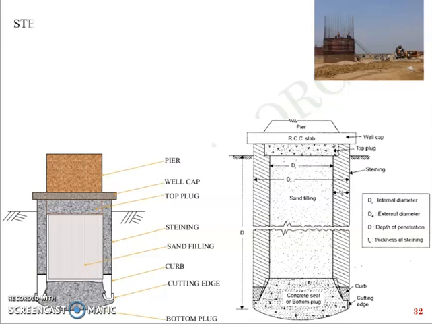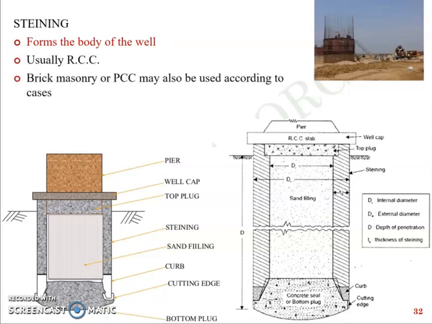Then you have the steening, or the well has a steening, which is nothing but the wall of the well. So it forms a body, and it's usually RCC, reinforced cement concrete, or at times brick masonry or PCC, depending on the case. And it's constructed in stages or lifts.